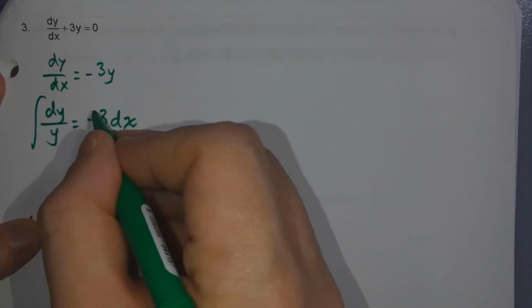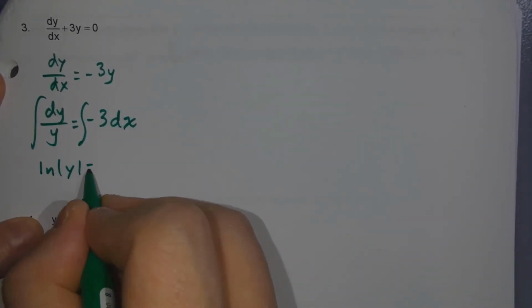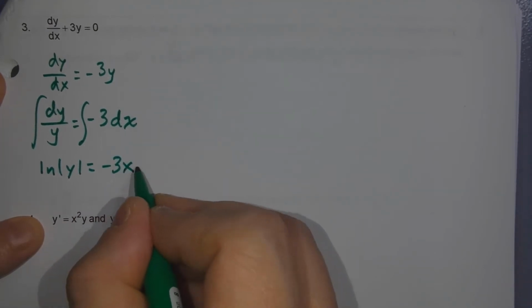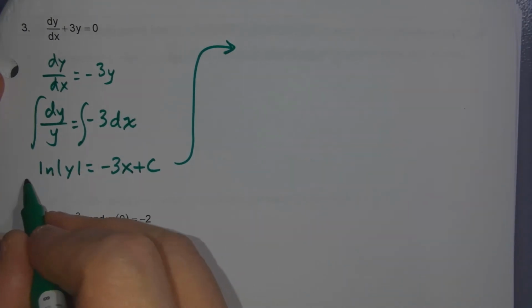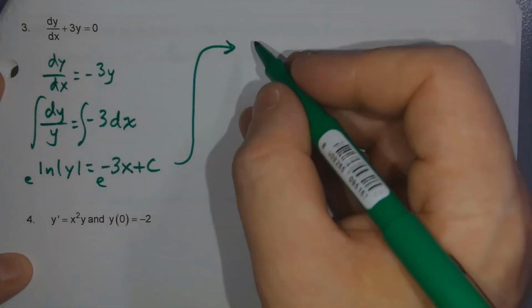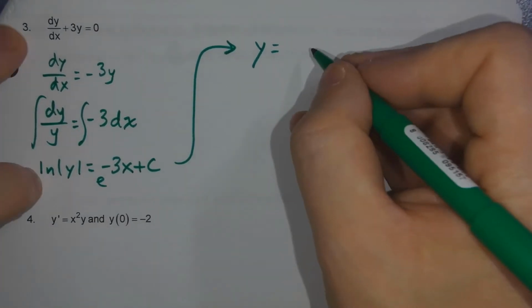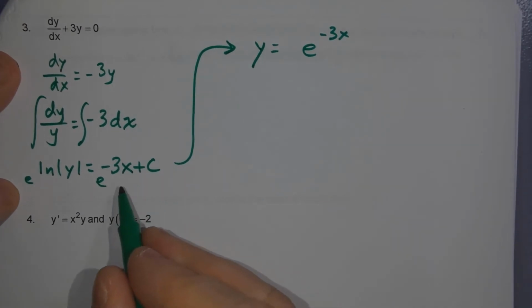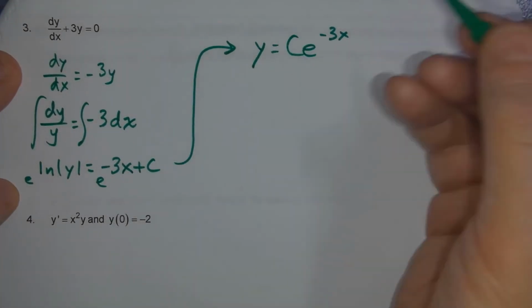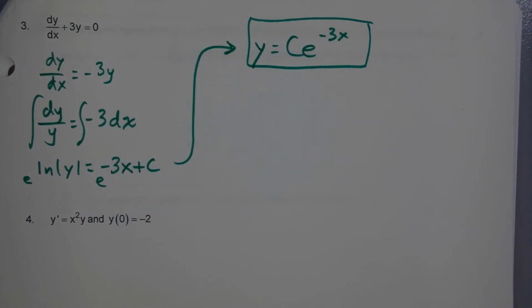And thus, the log of y is equal to negative 3x plus a constant. So if I were again going to raise both sides to the e power, for this one I would end up saying y equals e to the negative 3x, but as mentioned in that last part, that plus c just becomes another constant that I can replace out in front.